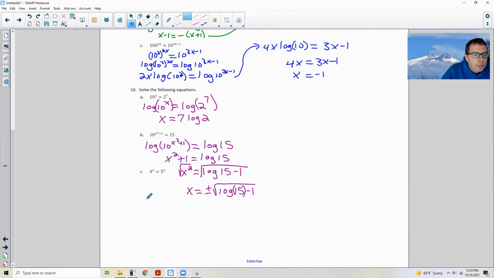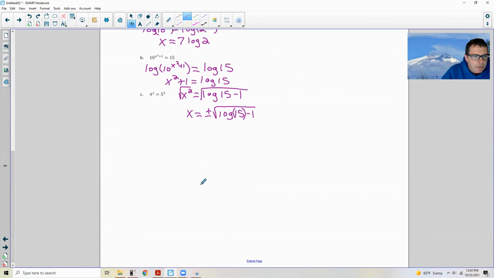All right, so let's move on to this one. I'll do it in a different color so I don't have to move it. Extend the page for a little more room. And what we're going to do is take the log of 4 to the x equals the log of 5 cubed. Do our power rule. x log 4 equals 3 log 5.